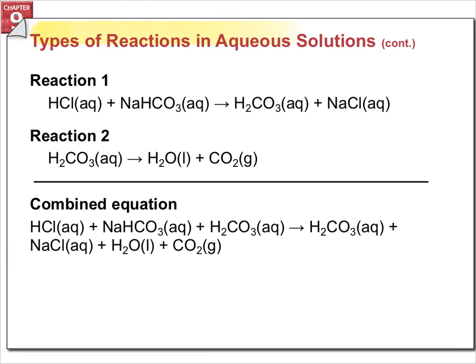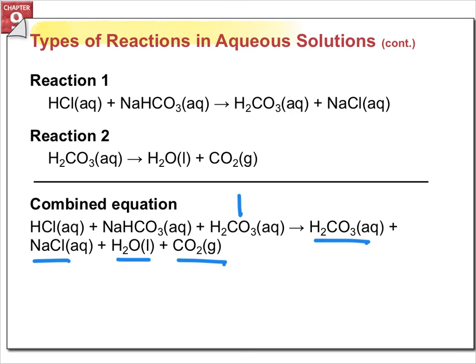And then you can see when you combine the equation, you have hydrogen chloride plus the baking soda, the sodium bicarbonate, which breaks down into carbonic acid again, plus sodium chloride, plus water, plus carbon dioxide.